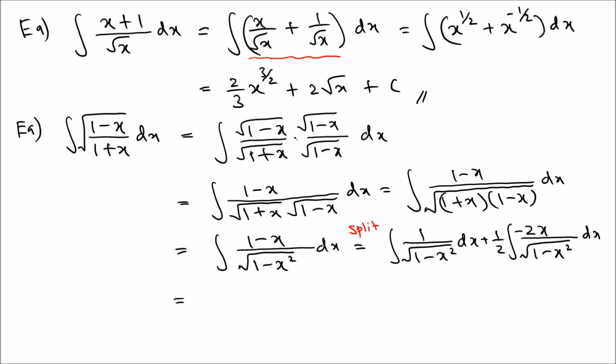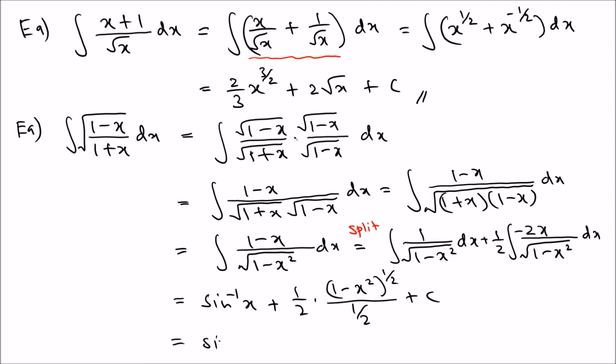The first one is simply sine inverse x, plus the other one is just the general power rule. So you're going to get the 1/2 already there. You can see this is 1 minus x squared to the negative 1/2, so you're going to add 1. So 1 minus x squared to the positive 1/2 divided by positive 1/2, plus c, and you can see the 1/2s get cancelled.